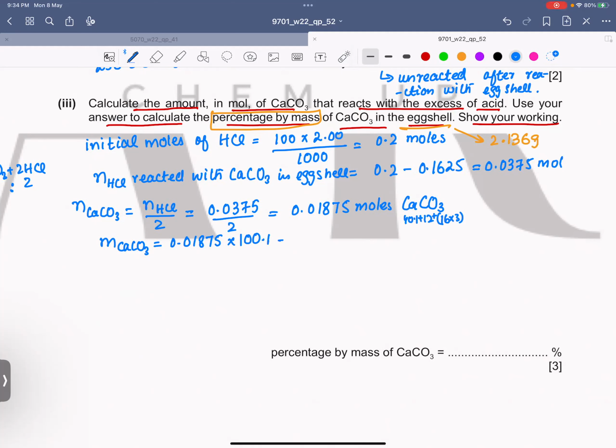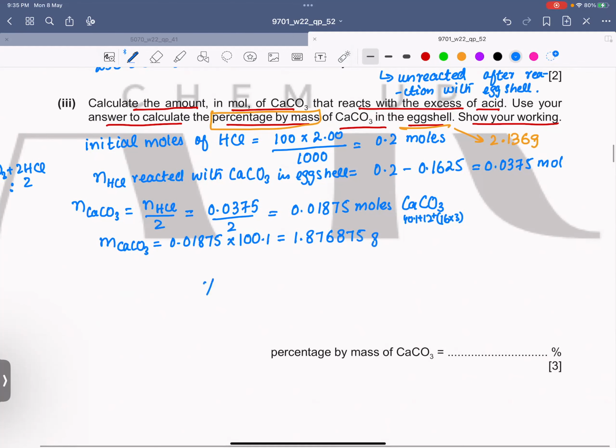Yes, answer please, the mass of calcium carbonate. 1.876. Are you getting just this value, or are you getting the bigger value? That's 1.876875. So these are the grams of calcium carbonate in the eggshell.